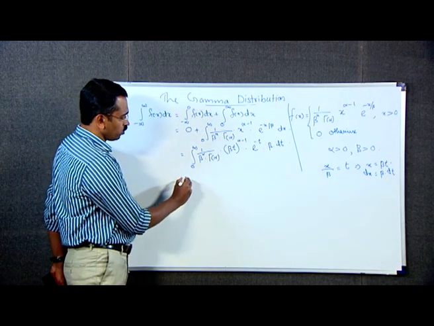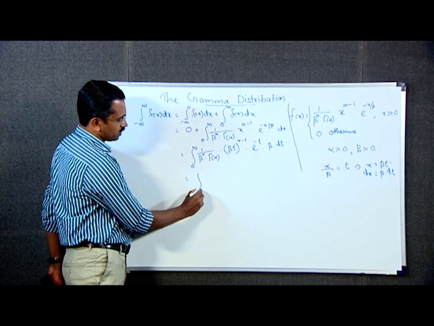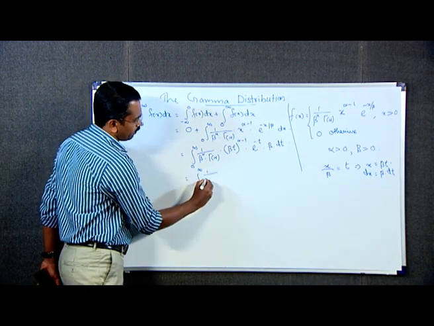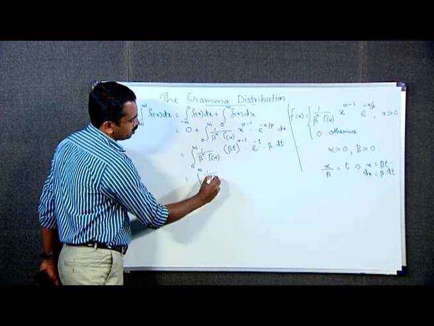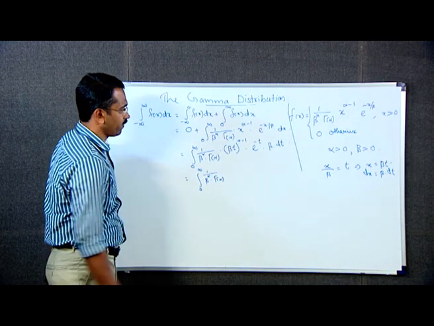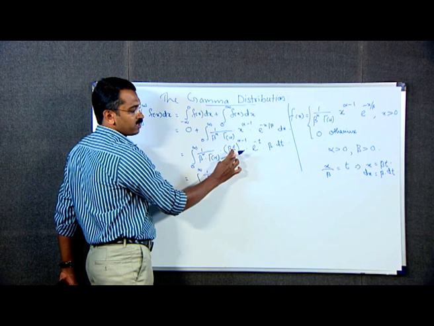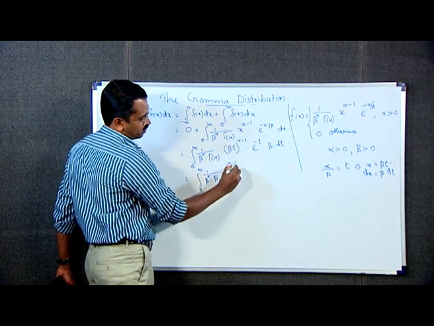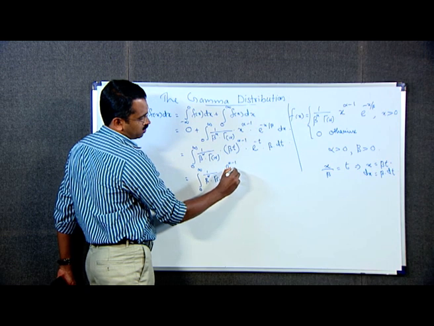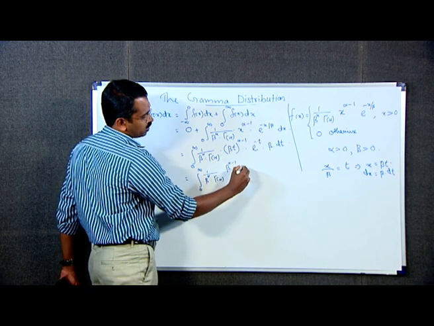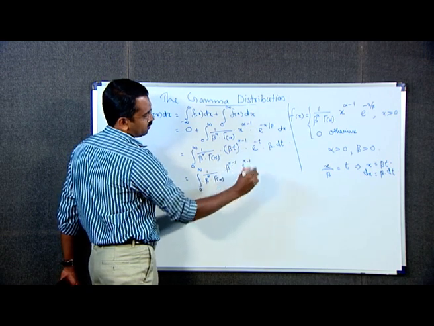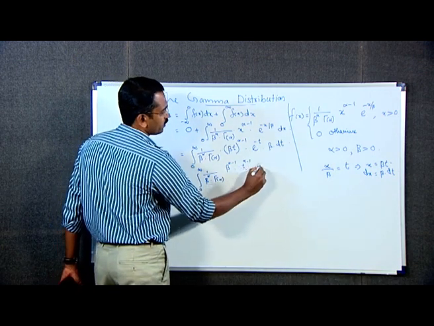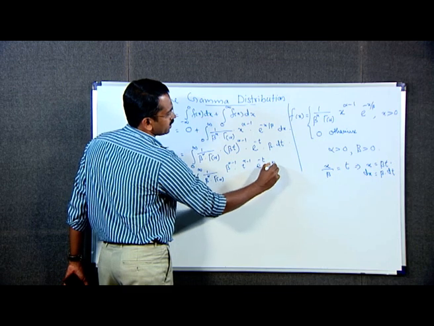This is equal to the integral from 0 to infinity of 1/(β^α Γ(α)); this term can be written as β^(α−1) t^(α−1) e^(−t) β dt.